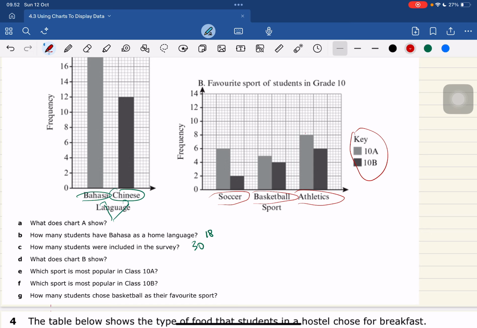We got athletics the most. Which sport is most popular in class 10B? The highest is the same thing, athletics.